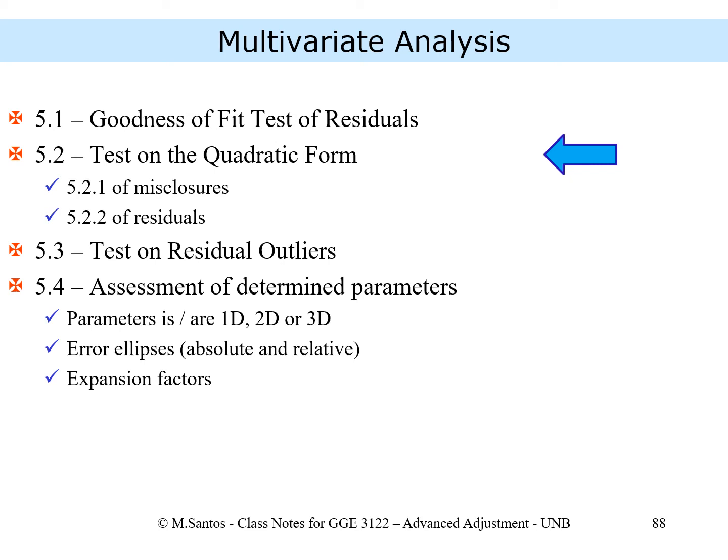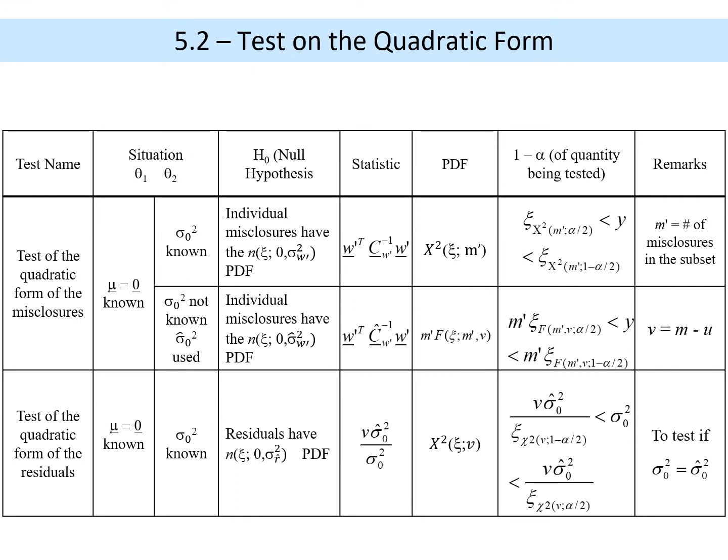Let us talk now about the test on the quadratic form of misclosures and of residuals. Here we are again in the table summarizing these tests, and we have the two tests: quadratic form of misclosures, quadratic form of residuals.